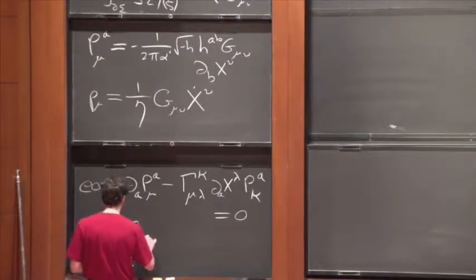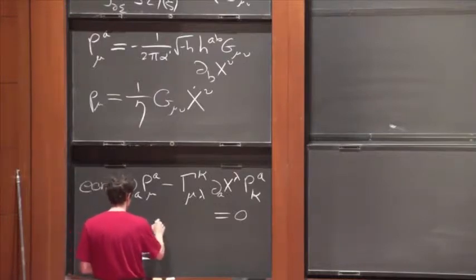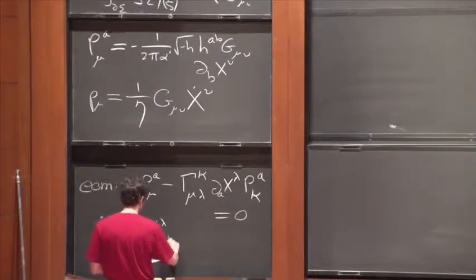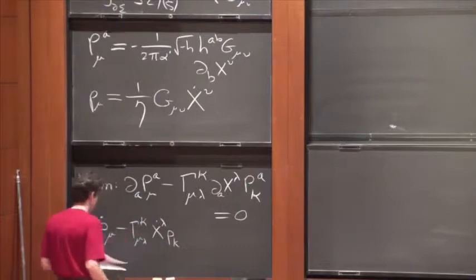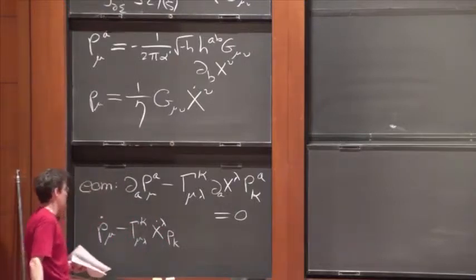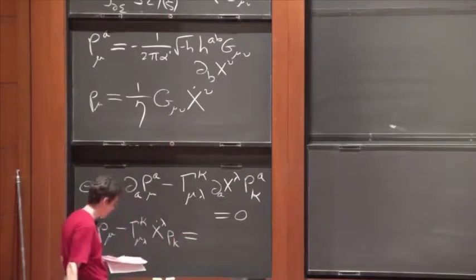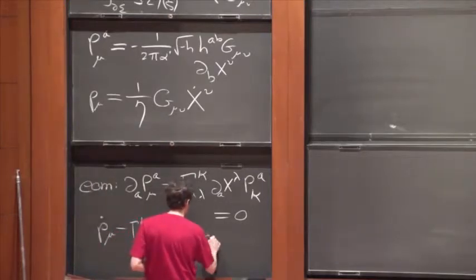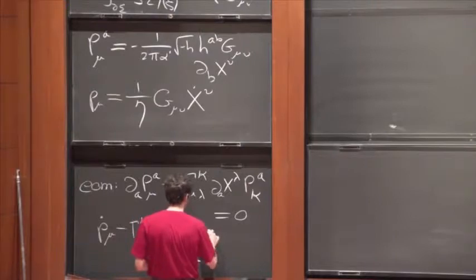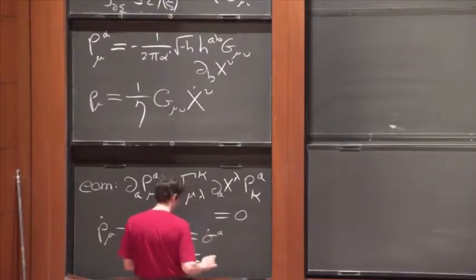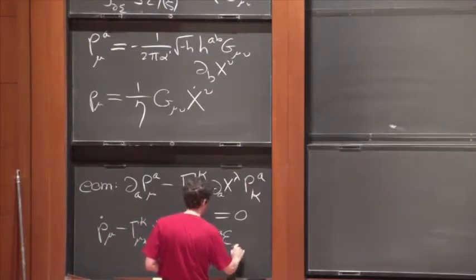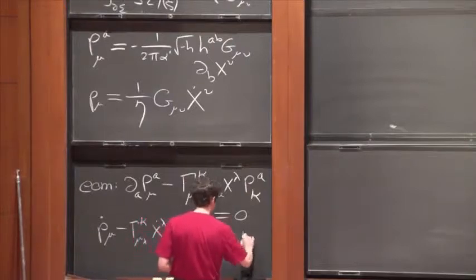So here is our left-hand side. This much is basically saying that the endpoint momentum is trying to be conserved, but then the right-hand side accounts for the fact that the string is pulling upon its endpoint.